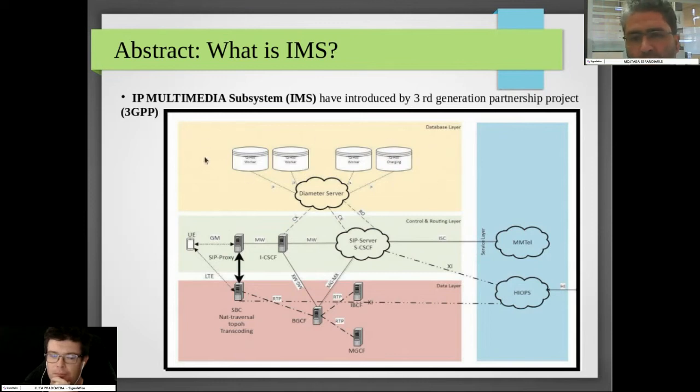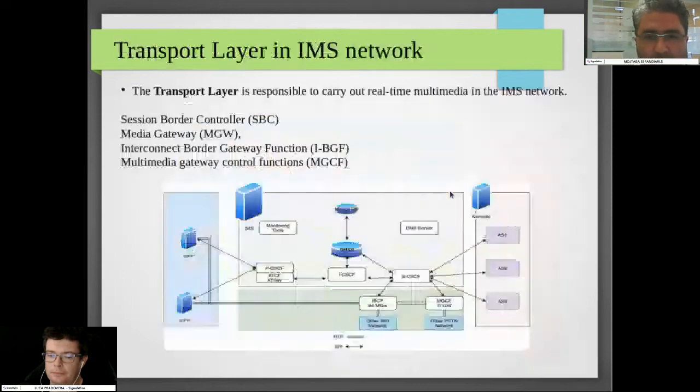Another layer is responsible for the database, and I won't talk more about this layer. I want to focus on the data layer, which is the transport layer. The transport layer is responsible for carrying real-time multimedia in the IMS network.